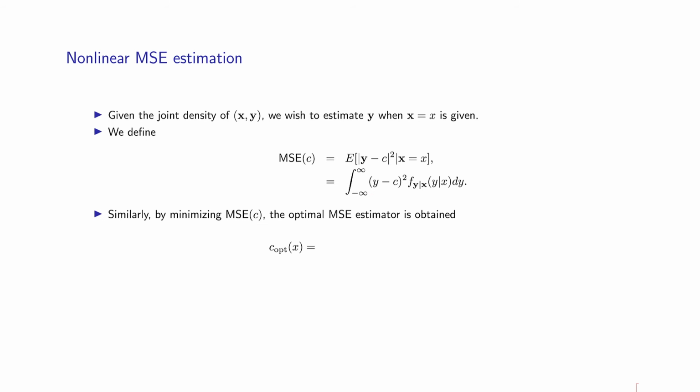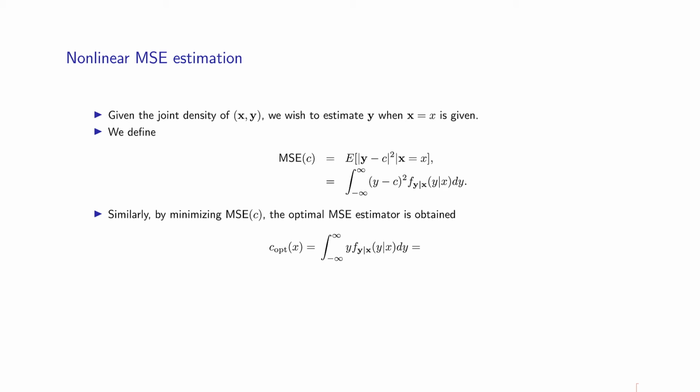Now we can calculate the derivative of this function with respect to c, of the MSE, and then set it equal to 0 and solve it. Once you solve it, the derivative of this one is just going to be minus twice (y minus c), and basically when you solve it, the optimal estimator is given by this integral.